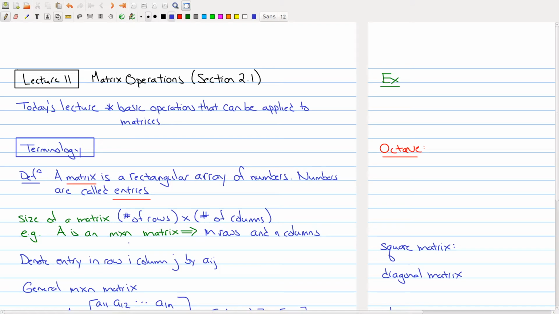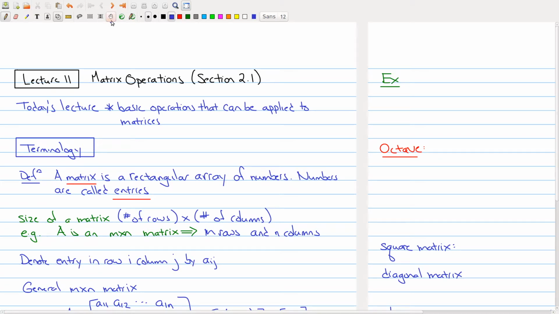Now we need to be able to identify specific entries in our matrix, and the way that we do this is we denote an entry in row i, column j, by a sub ij. The first index tells me which row I'm looking at, the second index tells me which column I'm looking at.